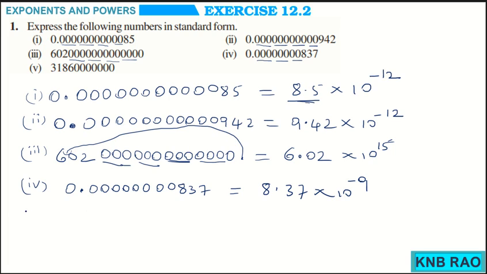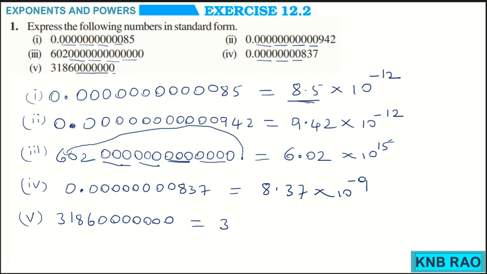Then coming to the fifth question, 3186, we have 3 zeros, 6 and 7 zeros are there, where in total we have got 7 zeros and 4 digits, 11 digits are there.